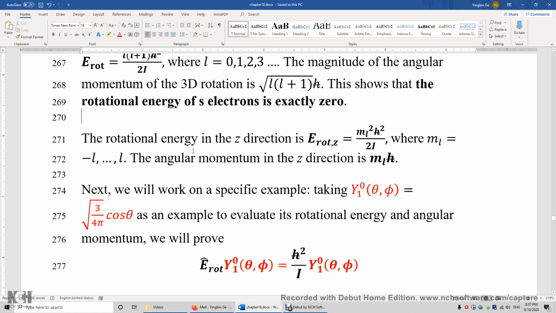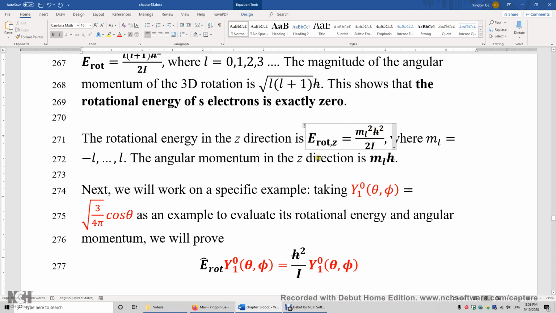Now let's look at the z direction. If we look at the rotation about the z-axis, we can compute the rotational energy about the z-axis fairly easily. It's just m sub l squared times h bar squared over 2I.